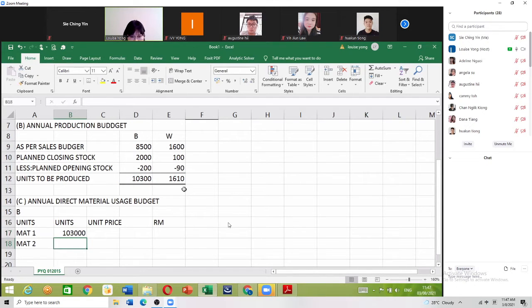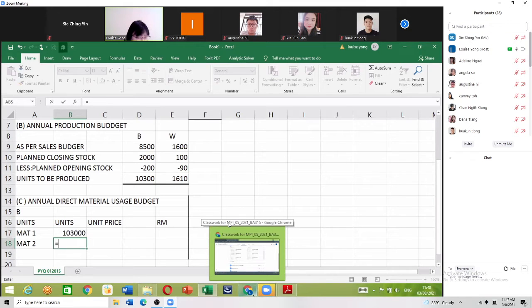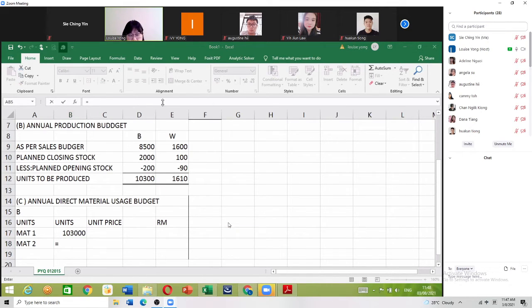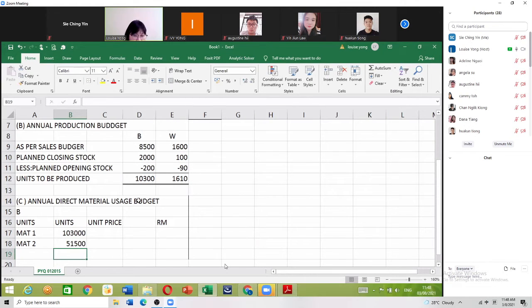This is for material 1. Material 2 needs 5 units per unit produced, times 10,300, so 51,500. This is for your product B.